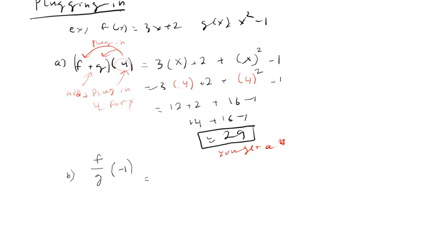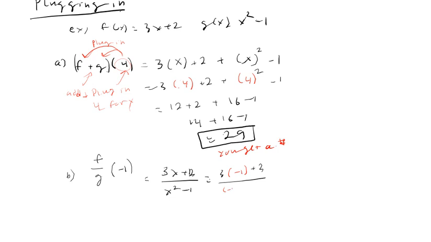G on the bottom, x squared minus 1. And then plug in my negative 1. So I'm going to have 3 times negative 1 plus 2 over negative 1 squared minus 1.